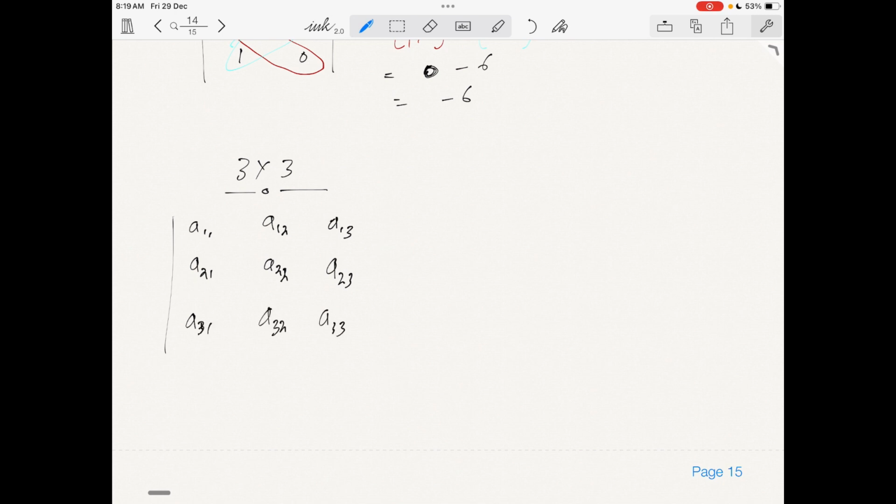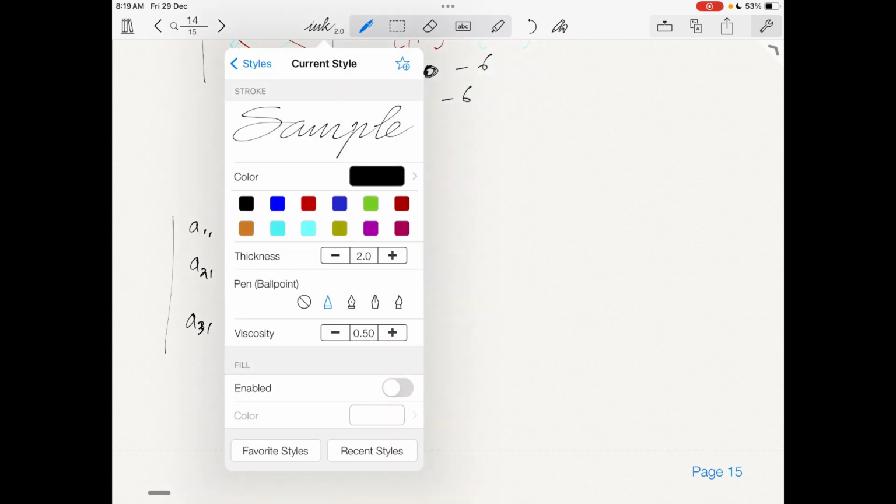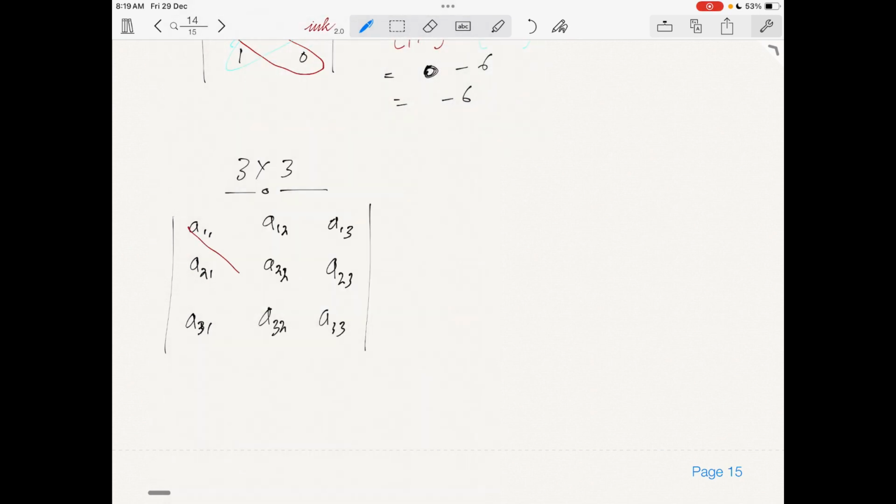Now this is a 3 by 3 matrix. Since we are considering leading diagonal minus following diagonal, however, the leading diagonal here has 3 components, like we have seen in a diagonal matrix.